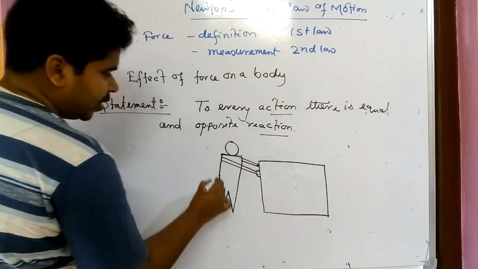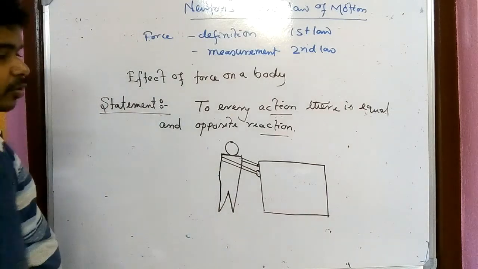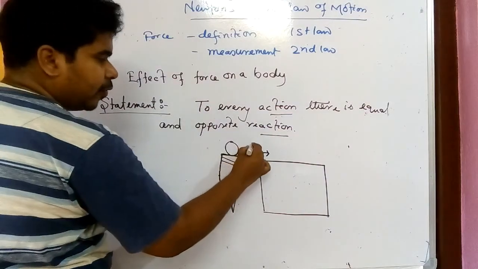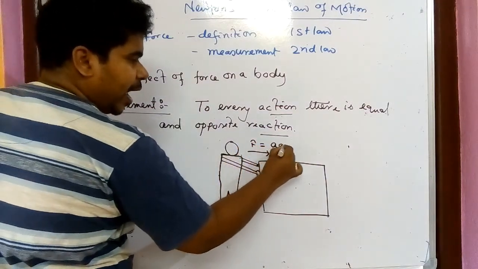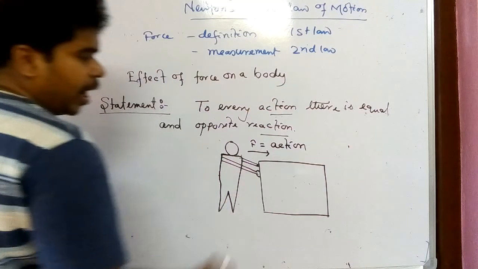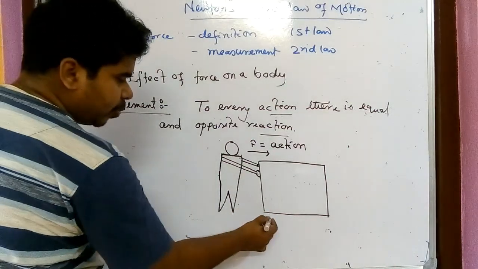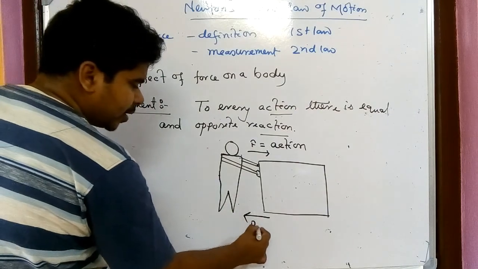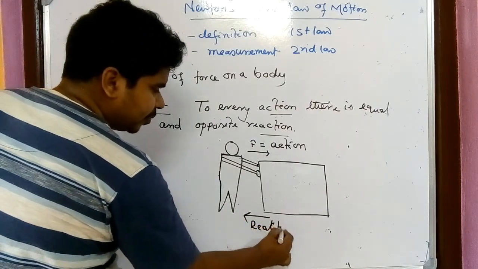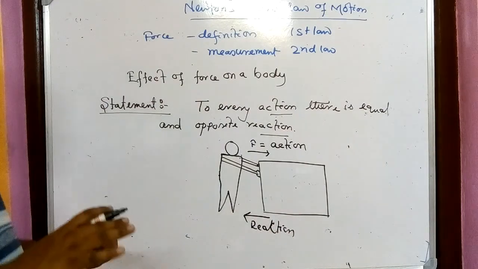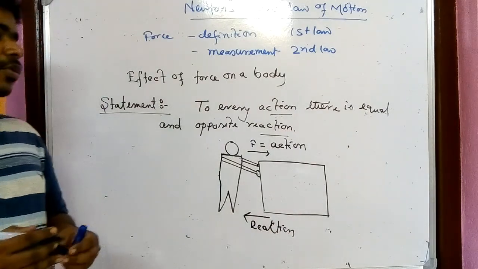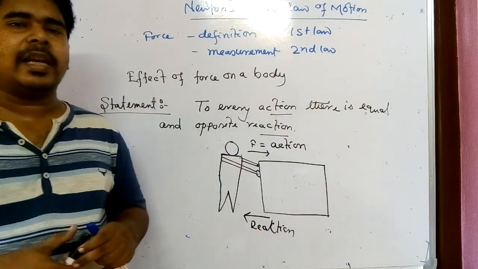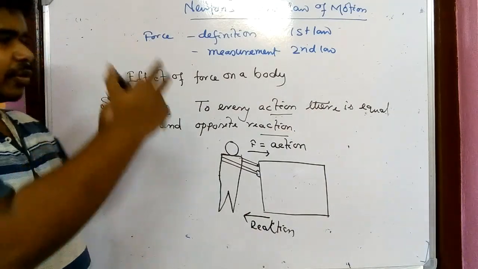When I am applying a force on it, that force is known as action, and due to that action this body will give a force on me, and that is known as reaction. So this is the effect of force on a body. How the action will act and how the reaction will arise, we have to discuss step by step.